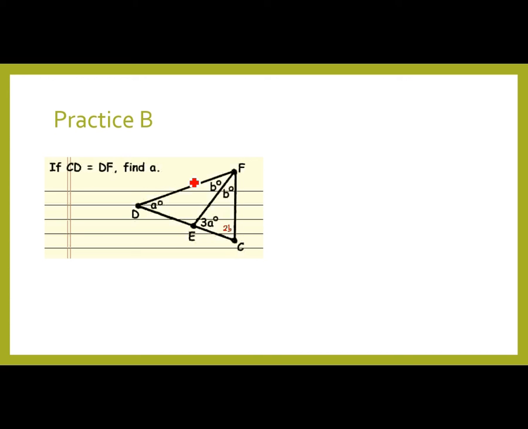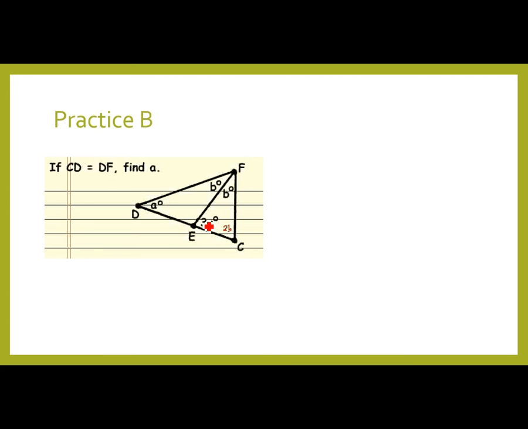Alright, so we have this as being 2b, but now we have still a and b. We have two variables, two unknowns, so we're going to need two equations in order to solve that. There are a few different ways we could do it because we have a couple of triangles, but we could say that this 3a is an exterior angle to these two.